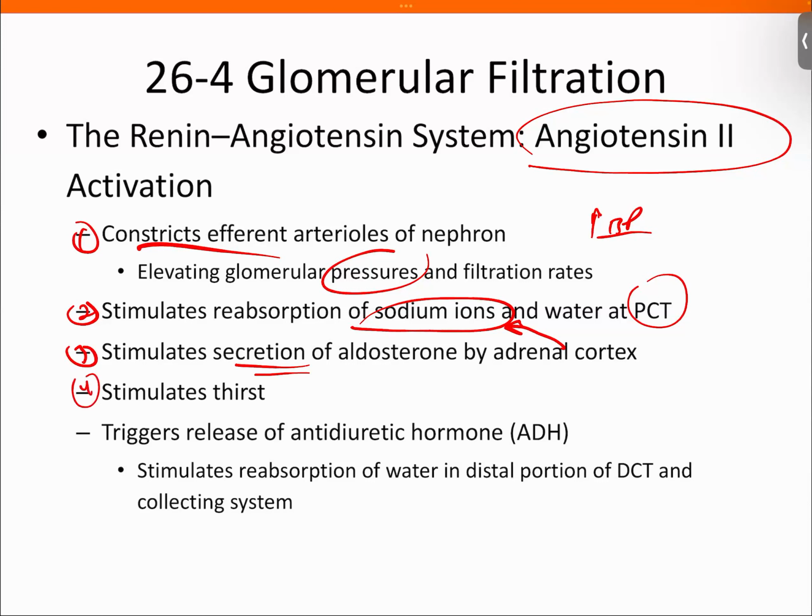It's going to trigger your thirst sensors in your brain, making you crave water. So you basically are adding new fluids to your system. And then it's going to stimulate the release of ADH from your posterior pituitary, right? Or the neurohypophysis. And then the ADH will work in conjunction with the others to basically reabsorb water, to get that water.